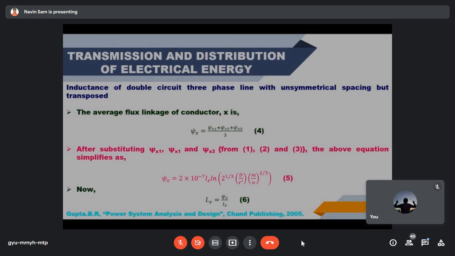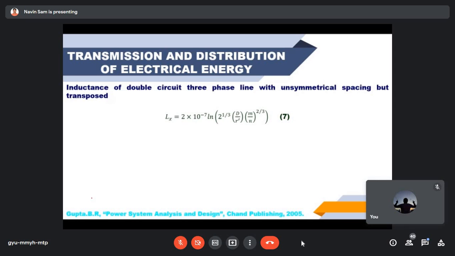So if you substitute, you will get Lx equal to 2 × 10^-7 ln (2^(1/3) d / r'm/n)^(2/3).